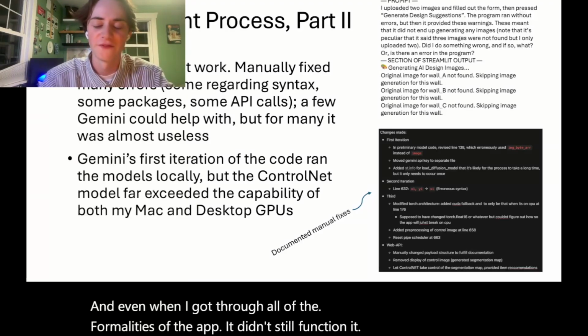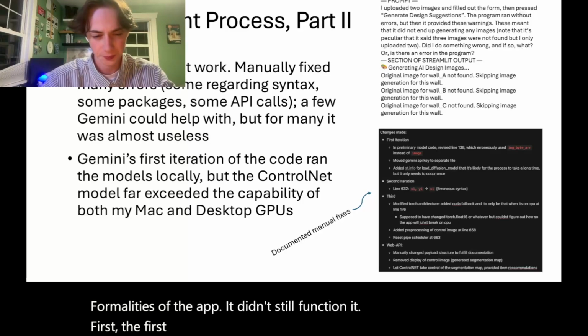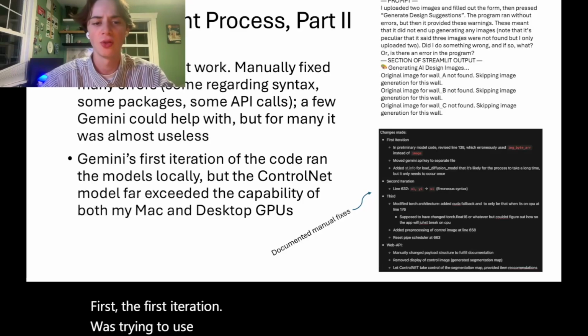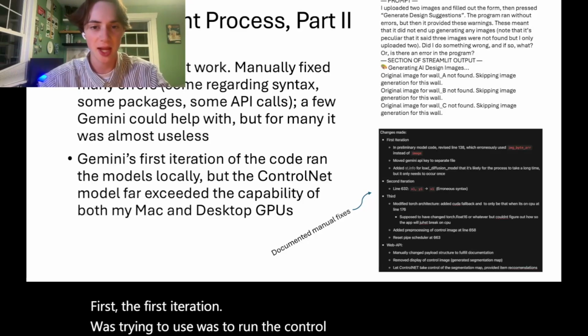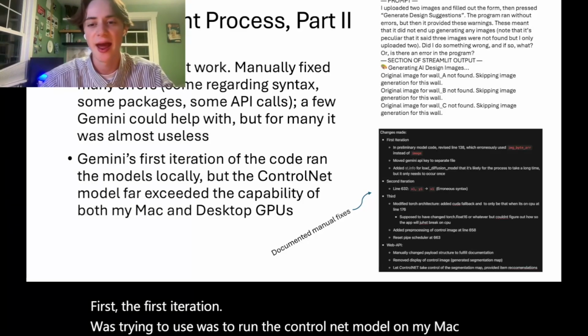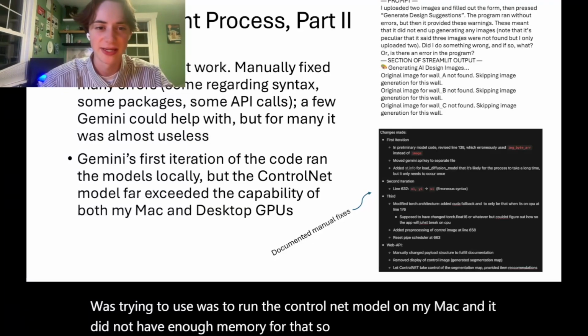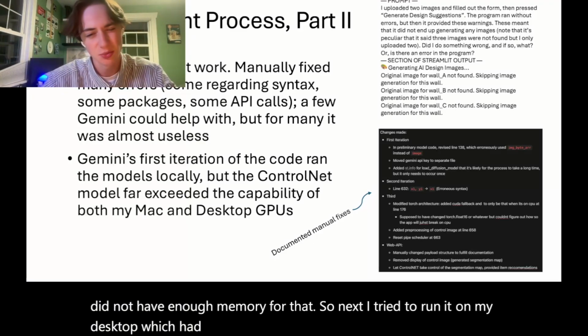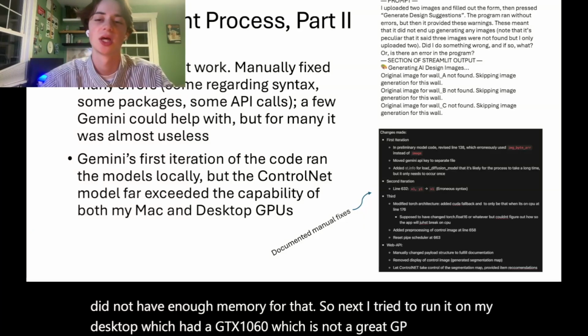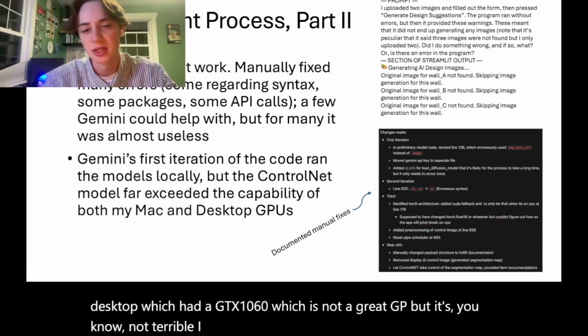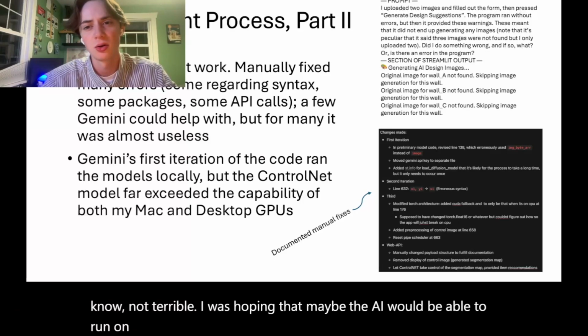The first iteration was to run the ControlNet model on my Mac, and it did not have enough memory for that. So next I tried to run it on my desktop, which had a GTX 1060, which is not a great GPU, but it's not terrible. I was hoping that maybe the AI would be able to run on that, but the model was having trouble.